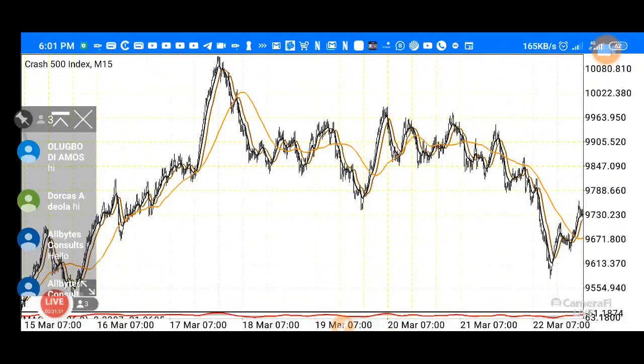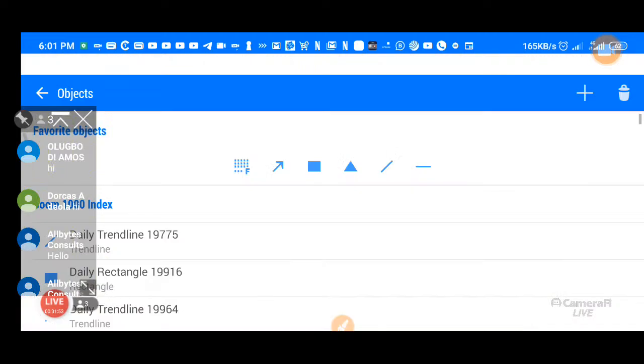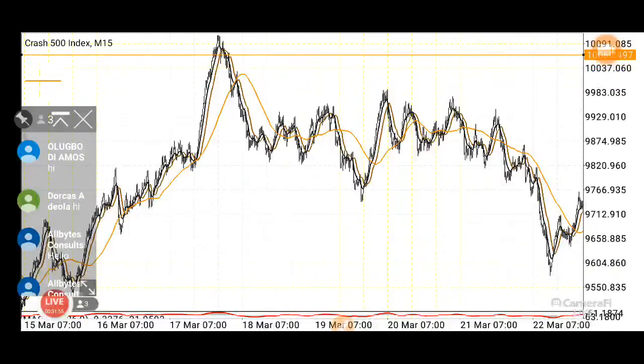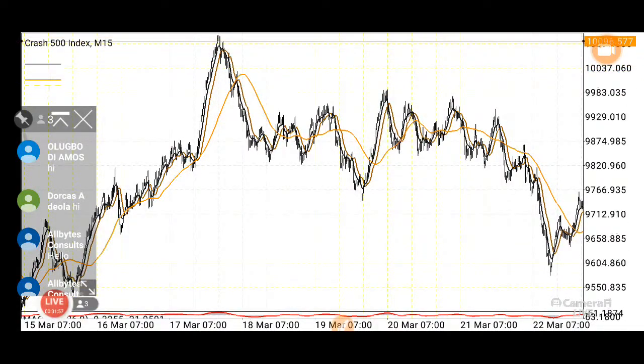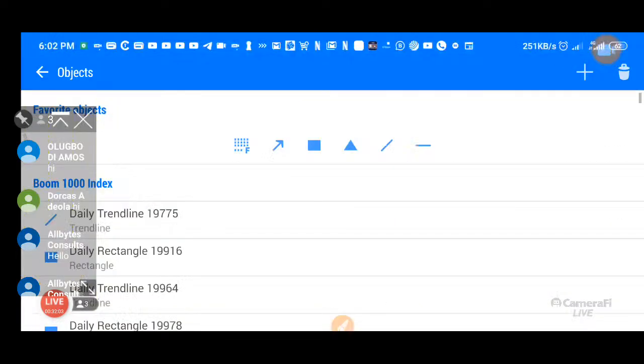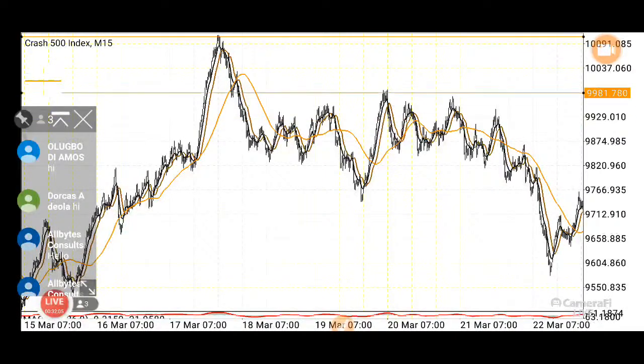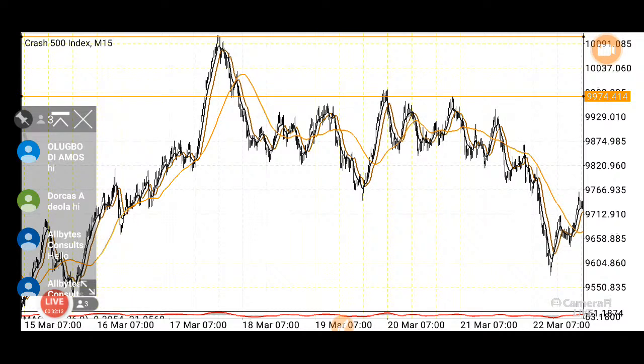Okay, let me draw the levels here. We have one here and it is unverified. Let me move this one down so it can touch at least 3.